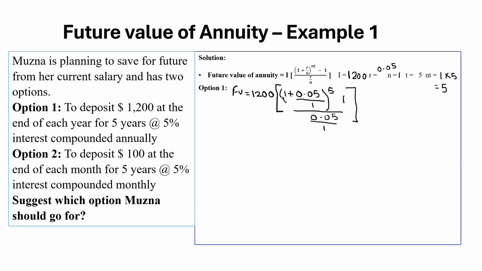My R is 0.05 divided by N. N is 1. Now when you take this on the calculator, just remember we will write I as it is, 1200, then into bracket, first calculate 1 plus 0.05 divided by 1. Divide by 1 is the same, so you just take bracket 1 plus 0.05 bracket close, power of 5 and minus 1.